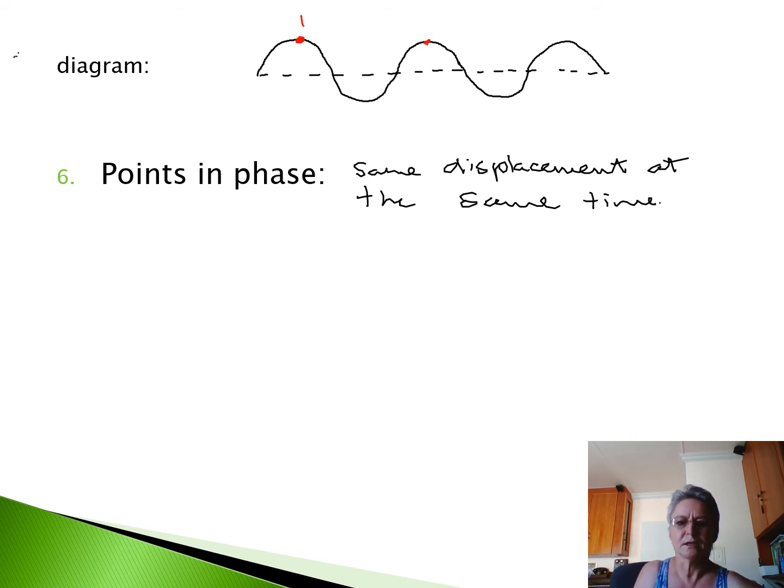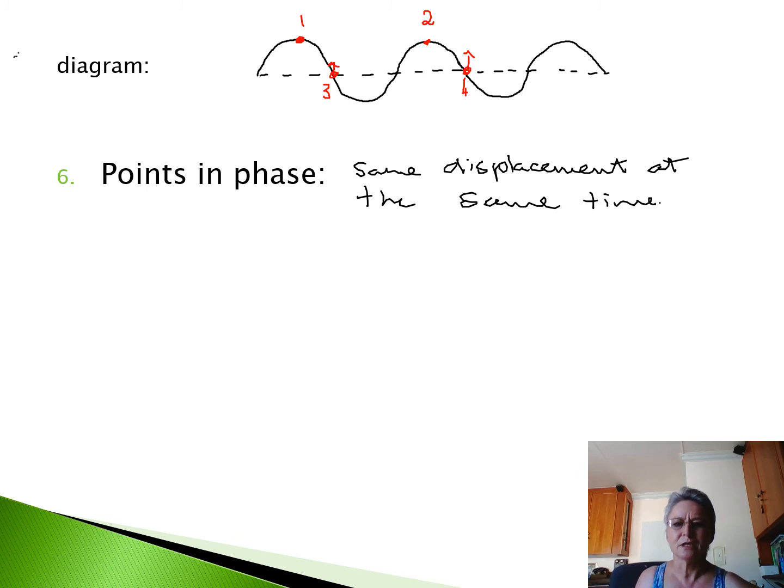So points 1 and 2 would be in phase. If I look at point 3 and point 4, they are busy moving up, and they're at the same place, they're on the line describing the rest position, so they would be in phase.